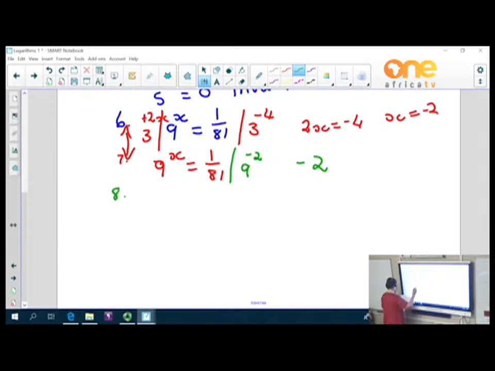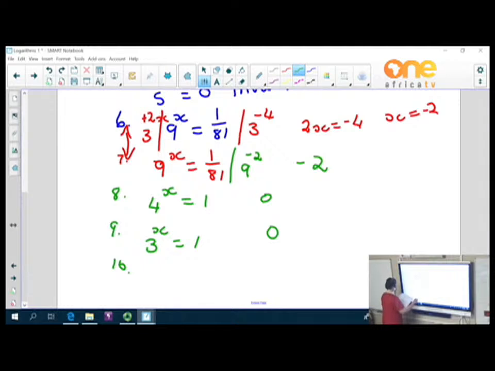Number 8, 4 to the power of what is equal to 1? And that is anything to the power of 0. Number 9, 3 to the power of what is equal to 1? That one's answer is also 0.